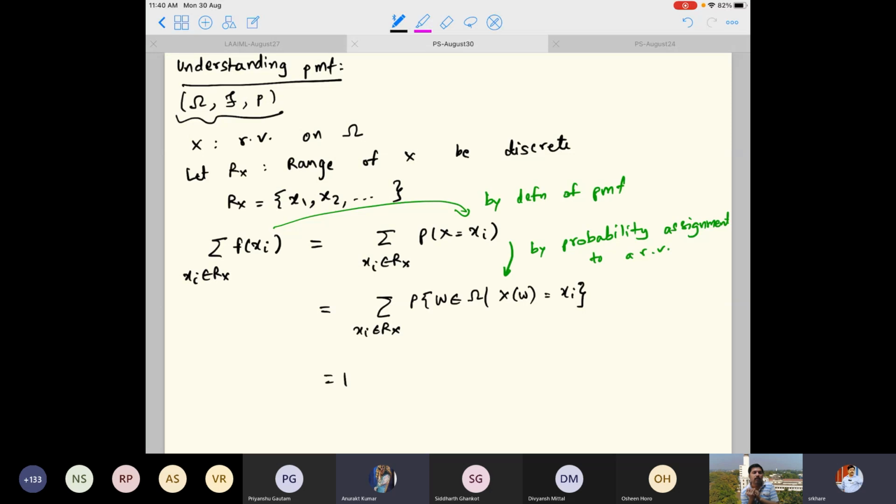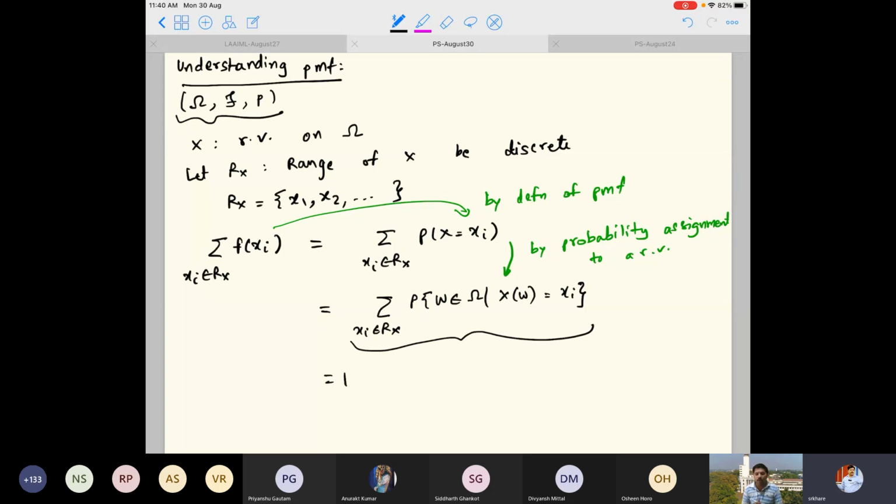When the events are mutually disjoint. Correct. When the events are mutually disjoint, then probability of union is sum of probabilities. You're absolutely right. The third axiom in the probability, and you'll use the first axiom in the probability that probability of omega is equal to 1, right? So these two axioms.